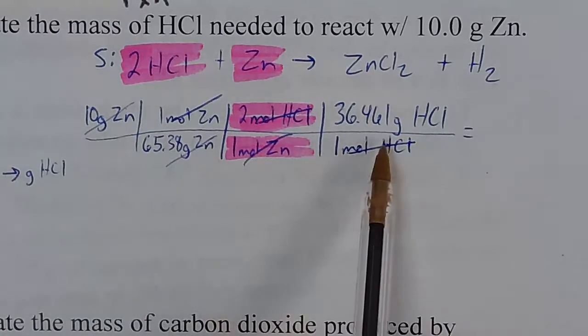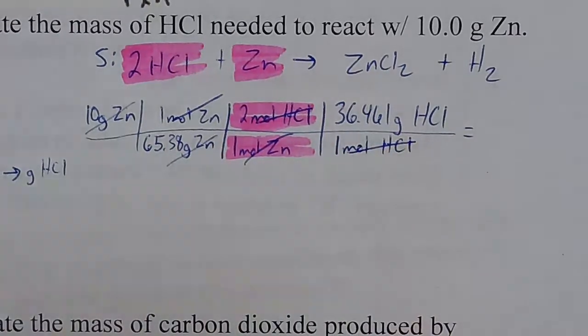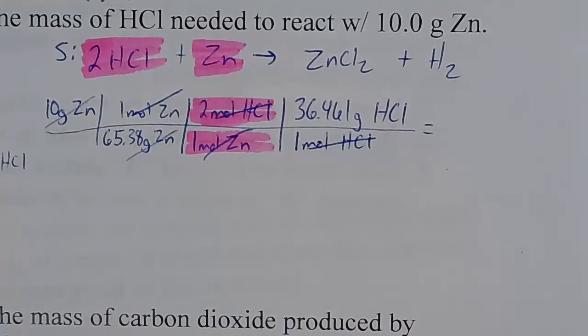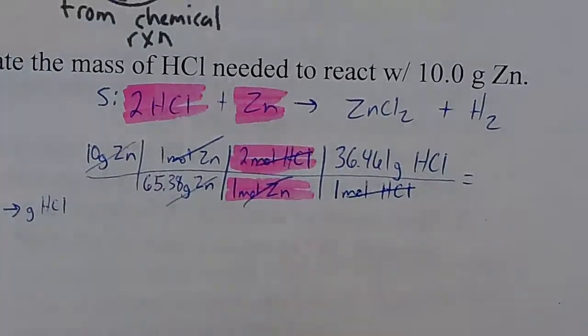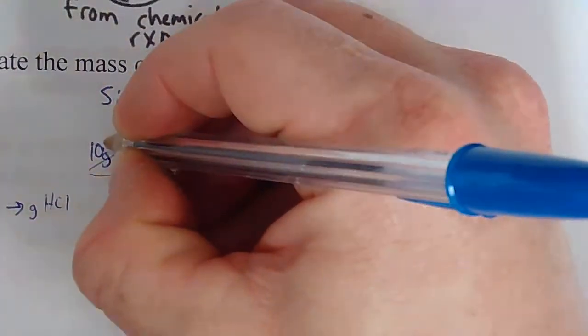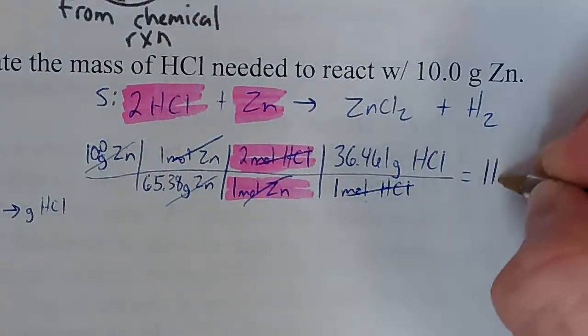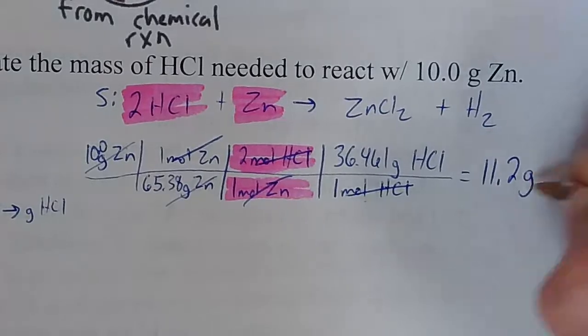And again, you can just omit the ones because they don't change the value. This is what now? 11.2 maybe, because to the right number of significant figures, it should be 3. So 11.2 grams of HCl.